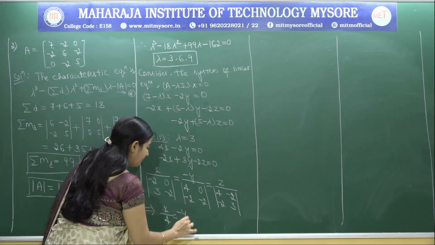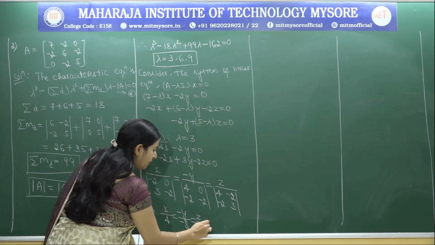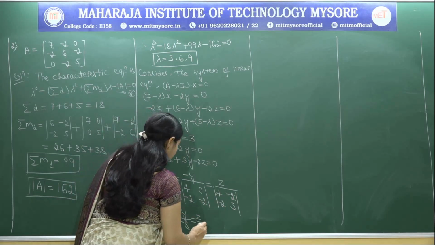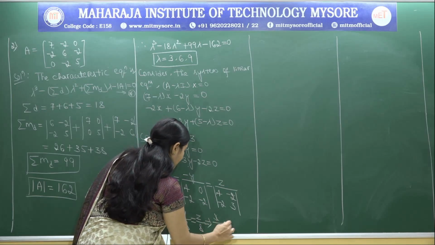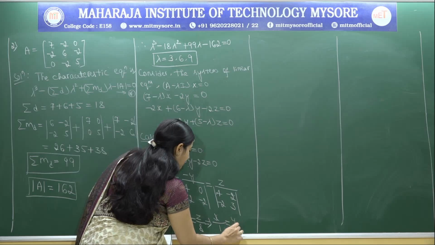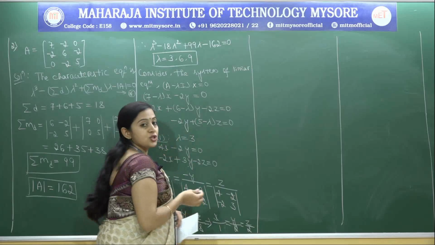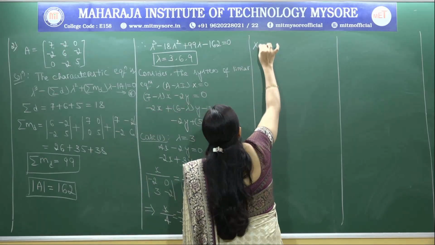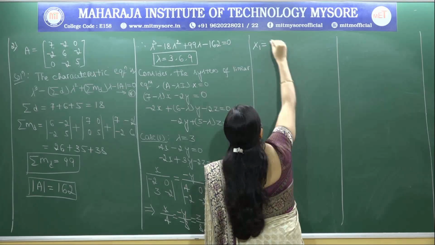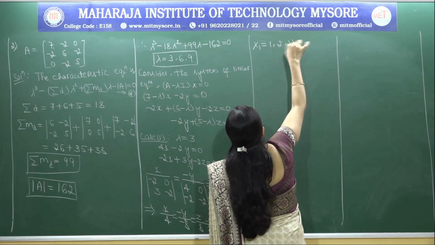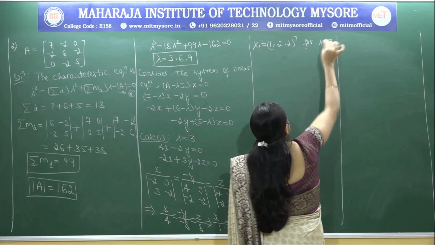The second term, minus y divided by minus 8. Third one, z divided by 12 minus 4, you will get it as 8. On simplifying, you will get x divided by 1, y divided by 2 and z divided by 2. So the first eigenvector for lambda equals 3 is 1, 2 and 2 transpose.